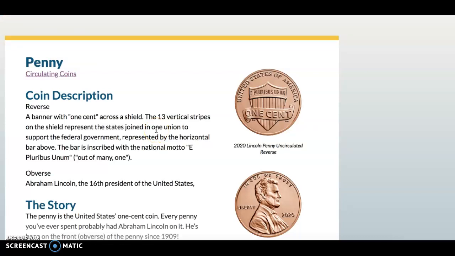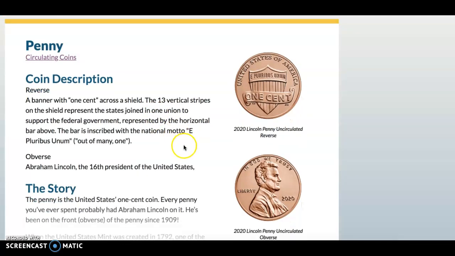This coin is the 2020 version of the penny. The front has not changed. It says "In God We Trust" at the top, and "Liberty," and it has Abraham Lincoln. The only thing that changes is the year; if you find one made this year, it'll say 2020. But most of the pennies you find will be an older version.